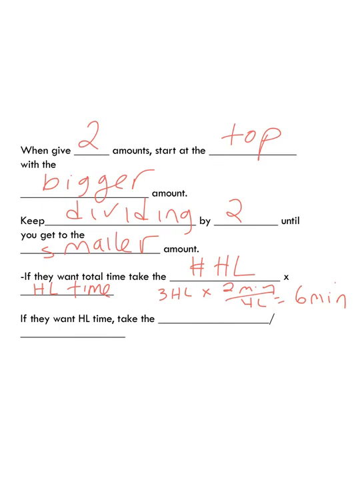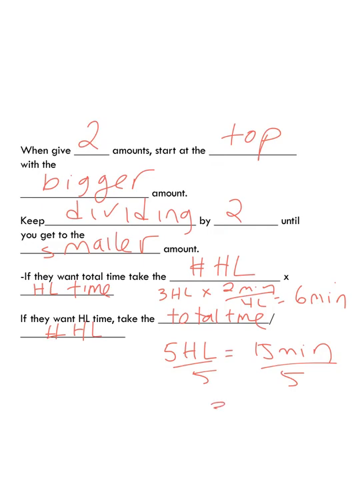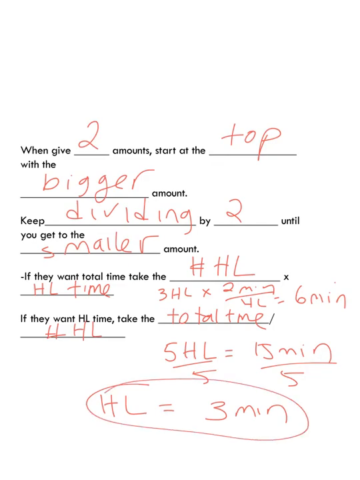If they want the half-life time, you're going to take the total time, which they'd have to give you, and divide it by the number of half-lives. So for example, if they told me 5 half-lives took 15 minutes, I divide by 5 and figure out that the half-life time would be 3 minutes.